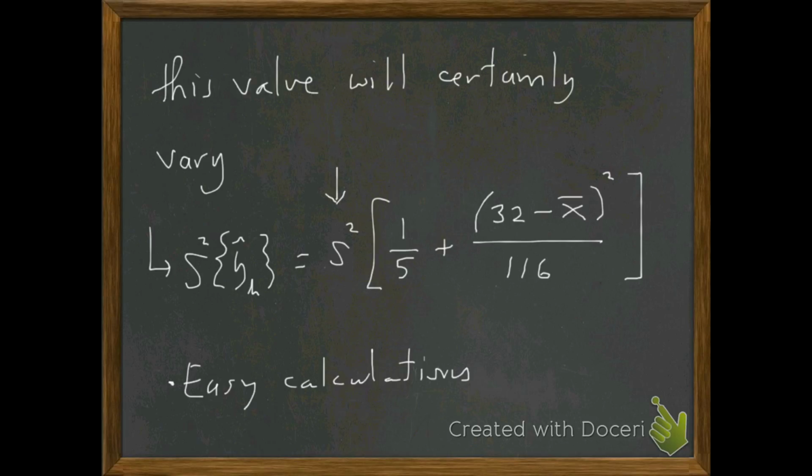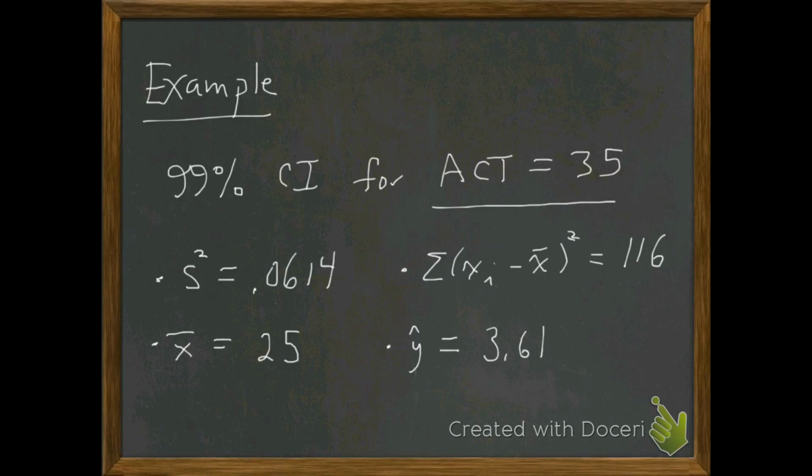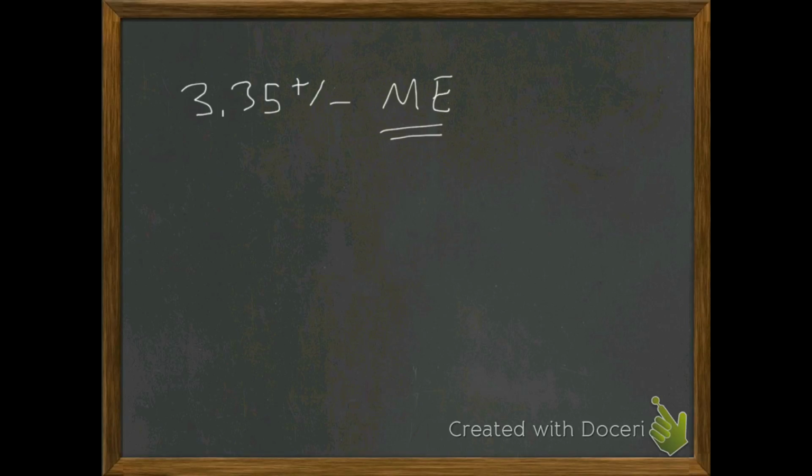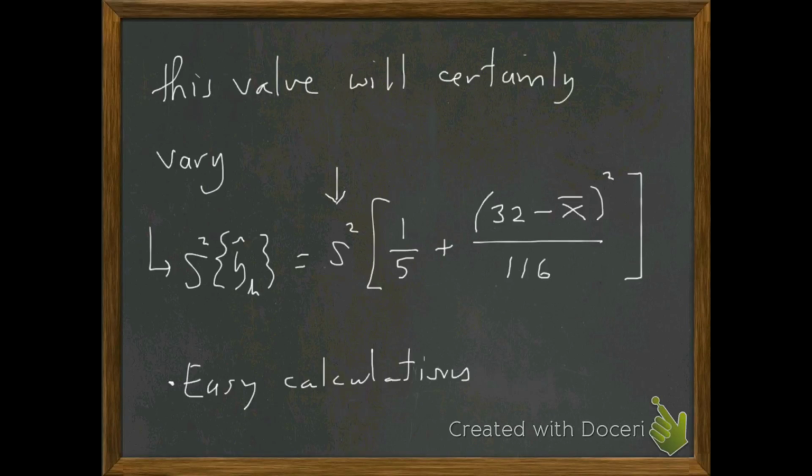So let's do that. So we have 0.0614 times 0.2.